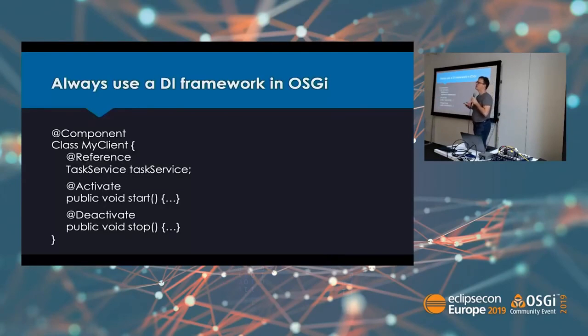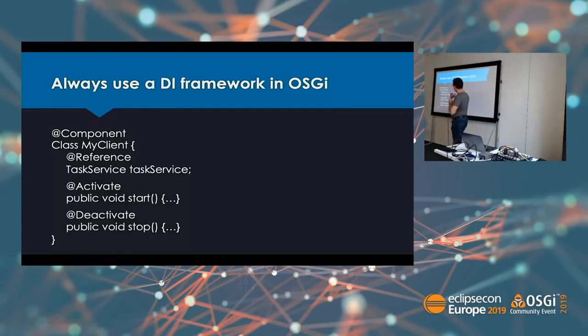There are a few dependency injection frameworks in OSGi, but the easiest to use and the most dynamic one, that copes with the dynamics of OSGi very well, is Declarative Services. And this is how you write such a component. Basically, you annotate your class with @Component, which means this class is not managed by me, it's managed by the system, or by the Declarative Services runtime in effect. And it will come up when all its dependencies are met.